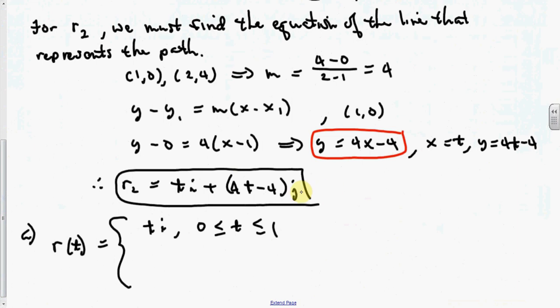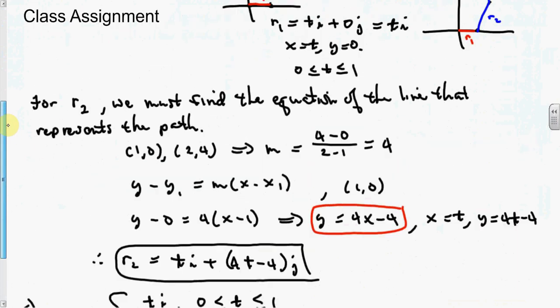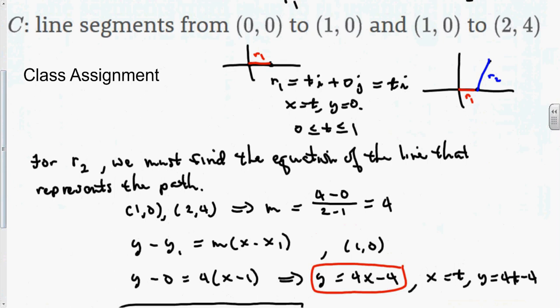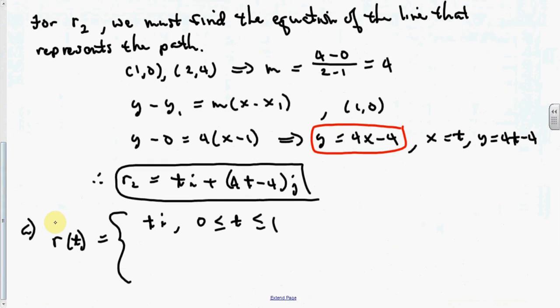And then remember, R sub 2 goes from 1 to 2. And it has the form ti plus (4t minus 4)j as t goes from 1 to 2. So this is the piecewise smooth parametrization for this problem.